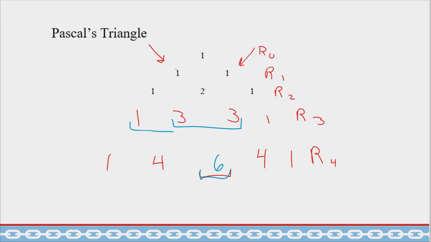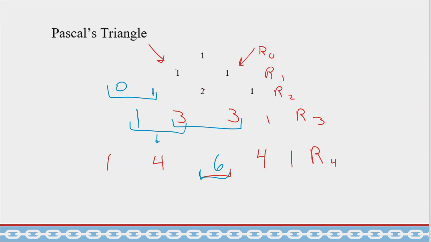Right here, 1 plus 3 is 4. It even holds for the outer edges. The two terms directly above this 1 are 1 and nothing, so nothing plus 1 would be 1. So to get those terms, we add the terms directly above.